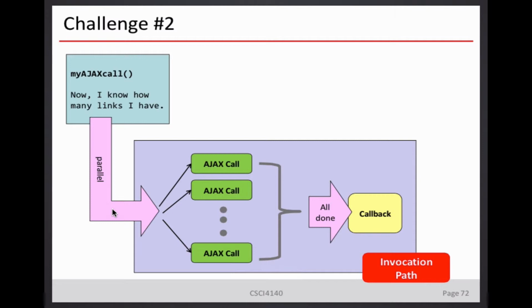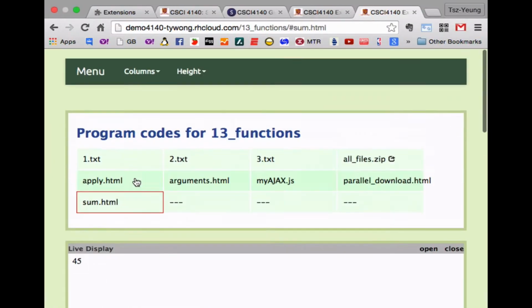And this is just some programming tricks. How many agent calls here? I know. Then you try to detect whether all of them have finished or not. If finished, then you call your final callback. So the design of the program is not very difficult.